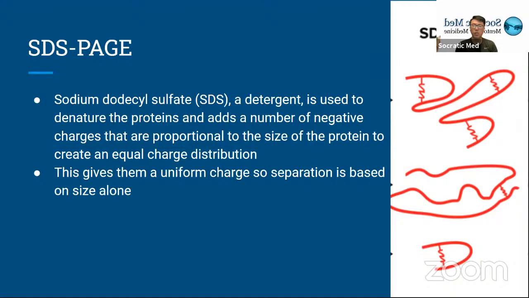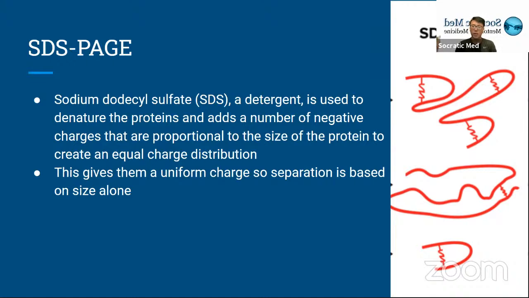This is done to create an equal charge distribution, so none of the proteins will have a greater or lesser charge. They'll have the same uniform negative charge across the protein, so you separate the proteins based on their size alone.